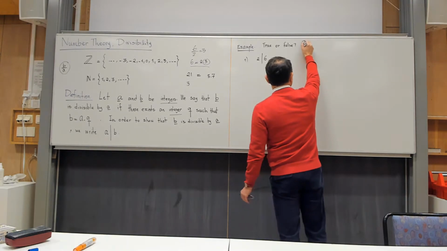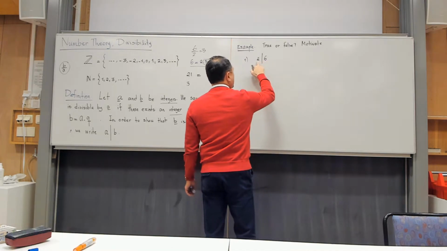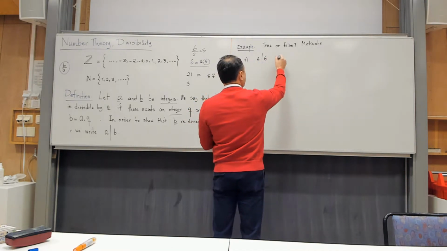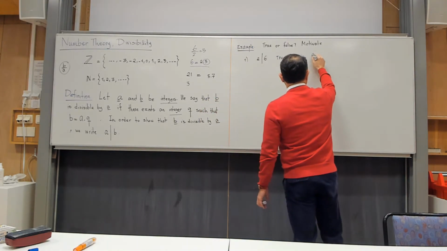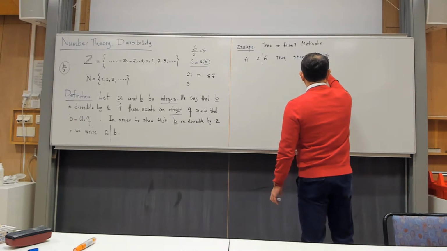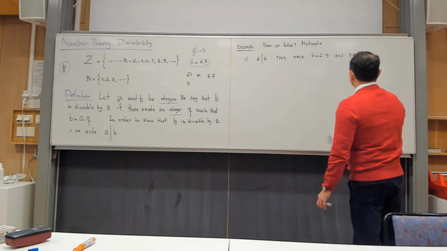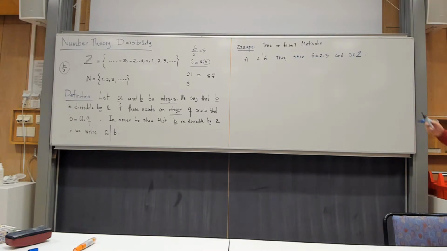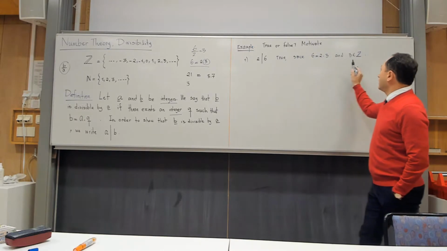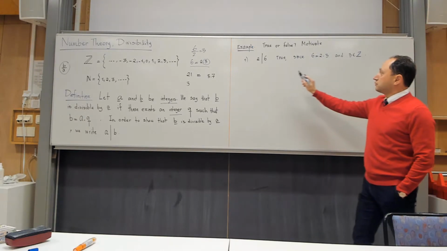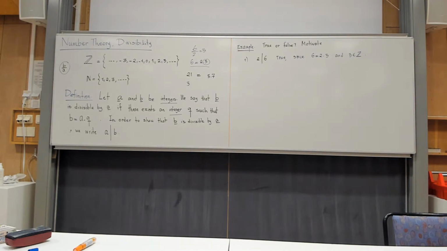So let me write motivate. 6 is divisible by 2, true, since 6 is equal to 2 times 3, and 3 belongs to the set of integers. So if I ask you why this statement is true, you need to say that I was able to find an integer such that when I multiply on the left-hand side, it becomes the number on the right. Yes? Is that understandable?